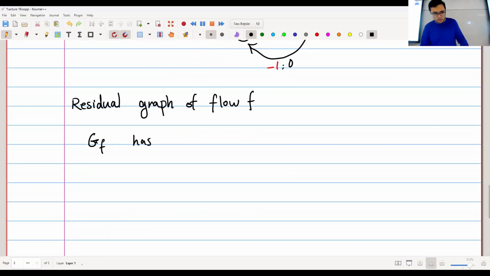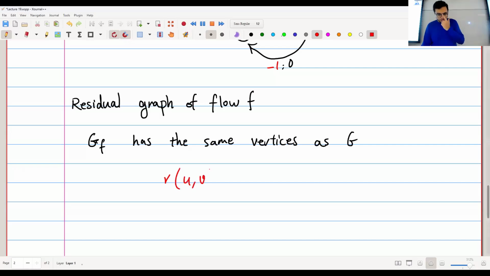G_F has the same vertices as G. But then on every edge, I'm going to say how much of the capacity of this edge is remaining. And I show that with R. So R of UV is going to be the capacity between U and V minus the flow between U and V.